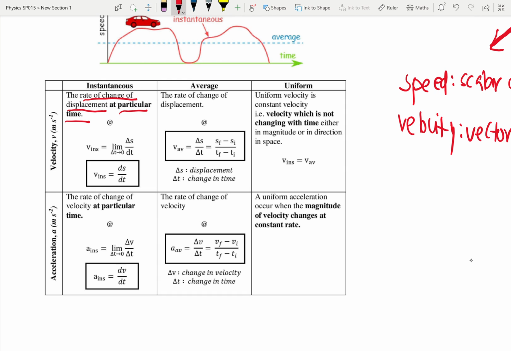In formula, v instantaneous equals ds over dt, where d is change. When it comes to rate, that means you have to divide by time t.